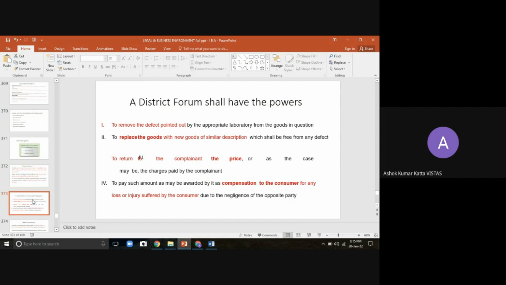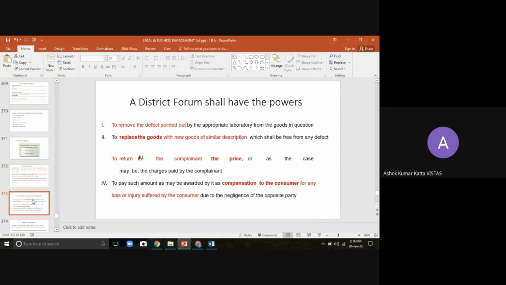As I already told you, if a consumer suffered a lot or had any kind of physical injury or damages because of using your product, they will request the district level forum president for additional compensation from the company.